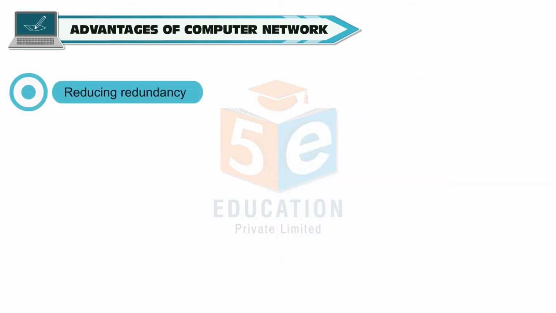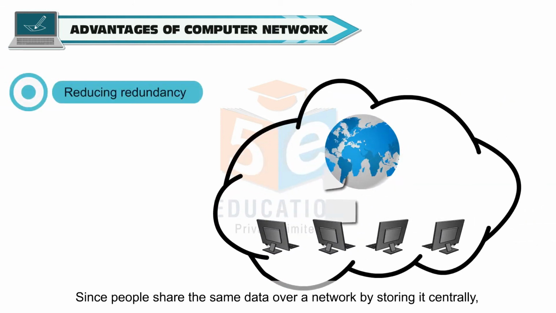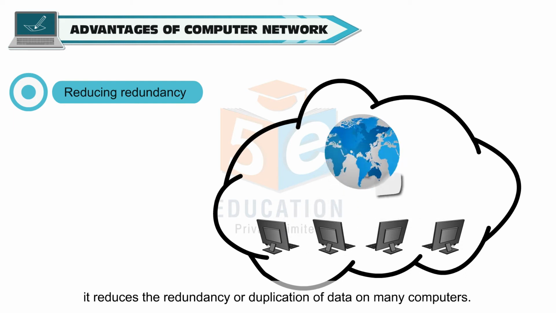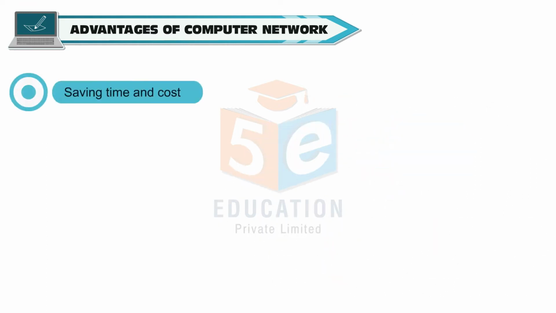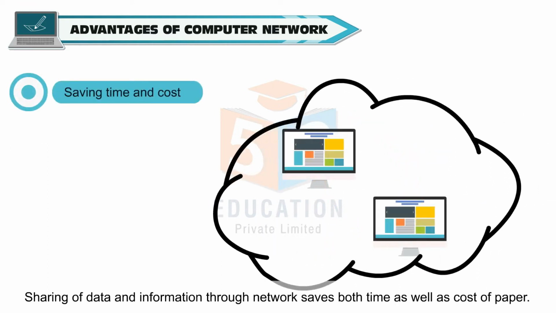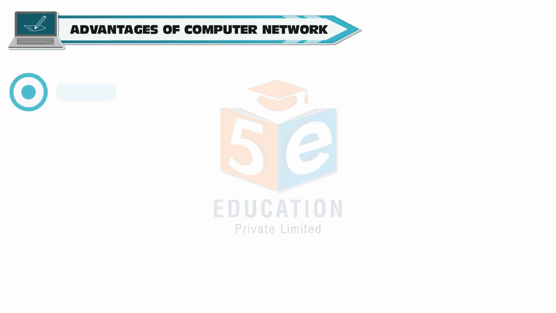Reducing redundancy. Since people share the same data over a network by storing it centrally, it reduces the redundancy or duplication of data on many computers. Saving time and cost. Sharing of data and information through network saves both time as well as cost of paper.